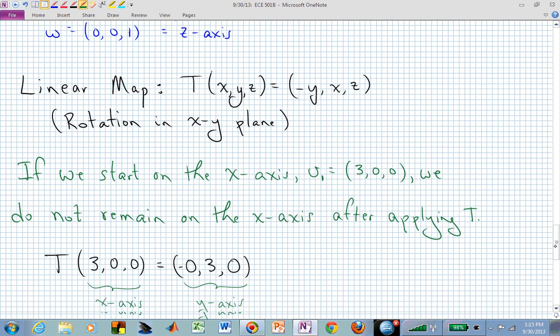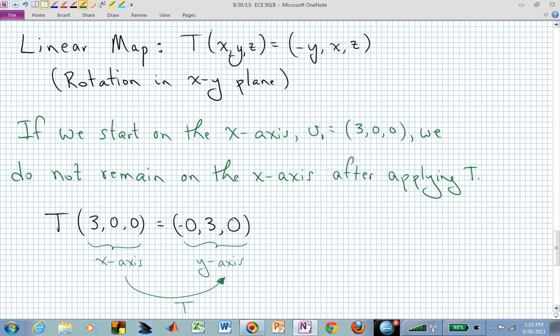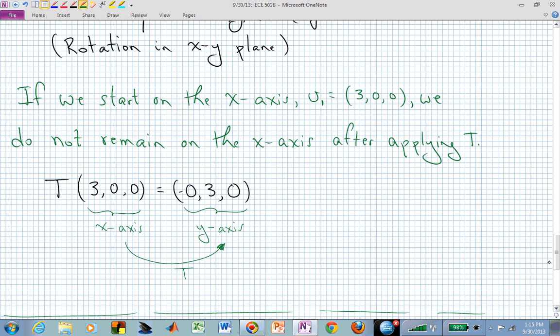If we start on the x-axis, v1, let's just say we're there at (3, 0, 0). After going through this linear map T, we do not remain on the x-axis. We actually go to the y-axis when we operate using this linear map T. And for that reason, these subspaces that do form a direct sum decomposition of R3, they still don't produce invariant subspaces when operated on by this particular linear map.